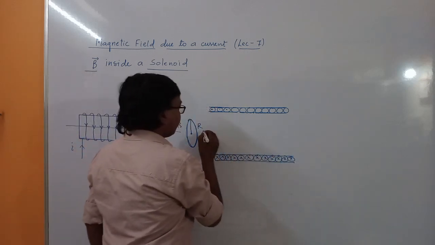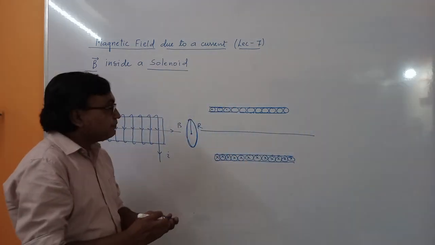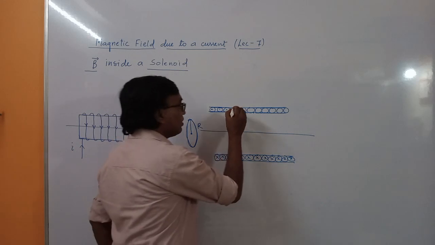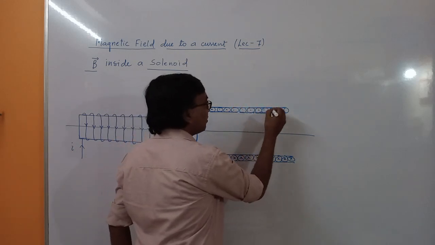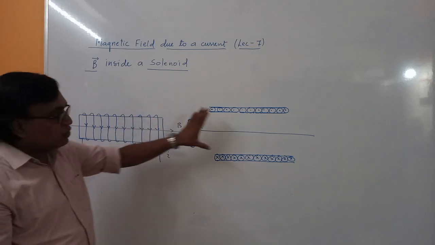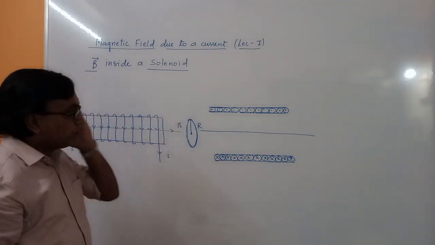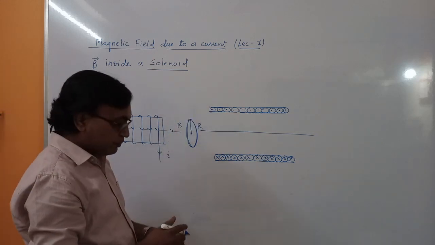Okay, yes. So this is the axis of the solenoid. Now let me show that current is coming out. The same solenoid, we have shown it with, let us say, 3x zoom. So this is 3x zoom.